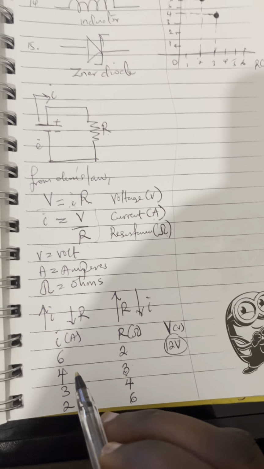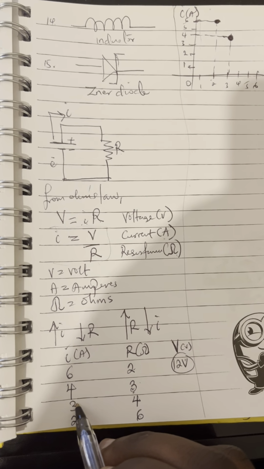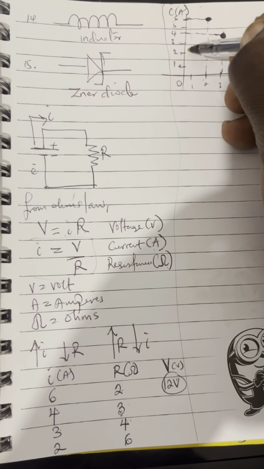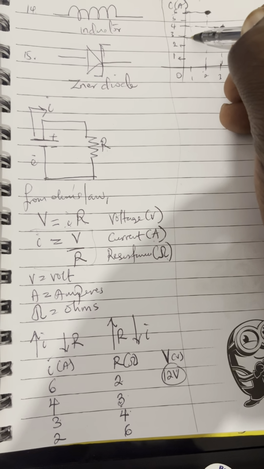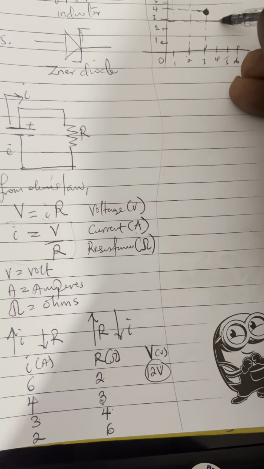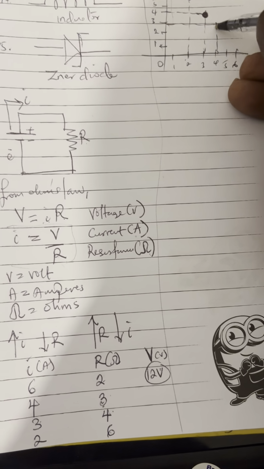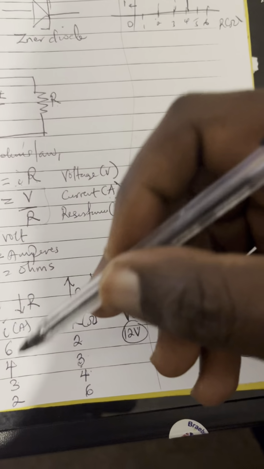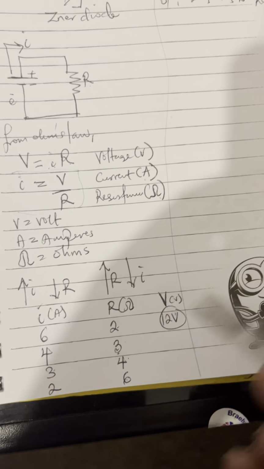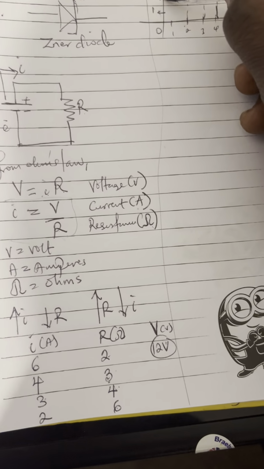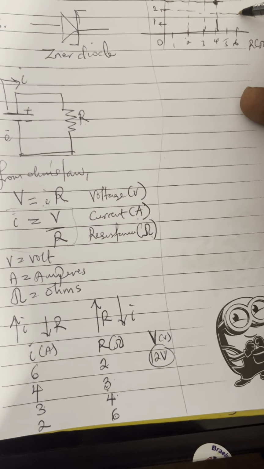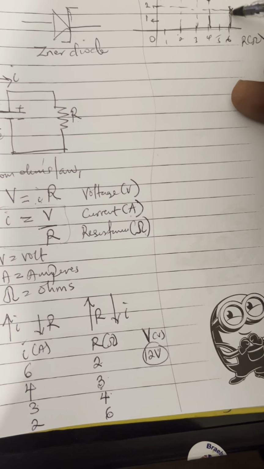When the current was 3, resistance was 4. So we have it here. So when the current was 2, resistance was 6. So we have it here.